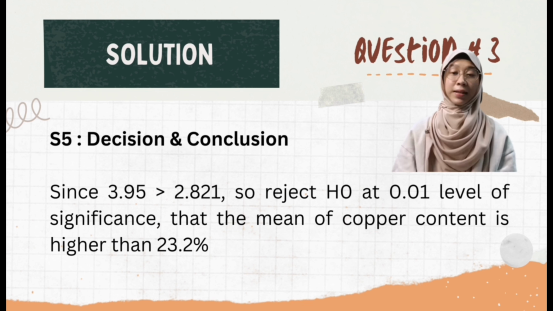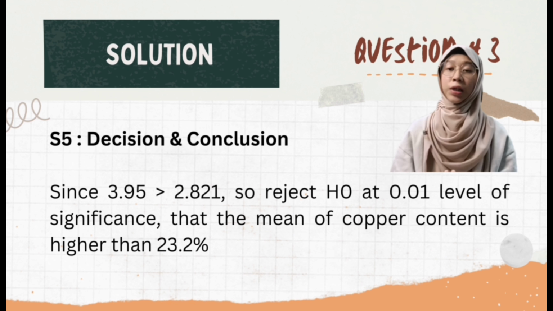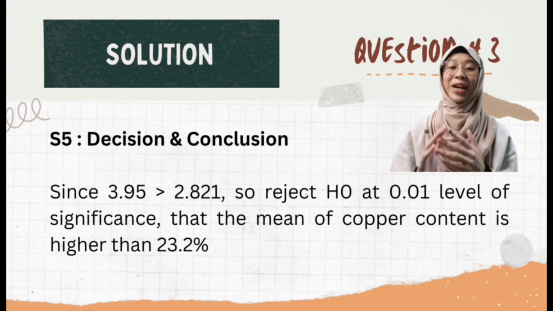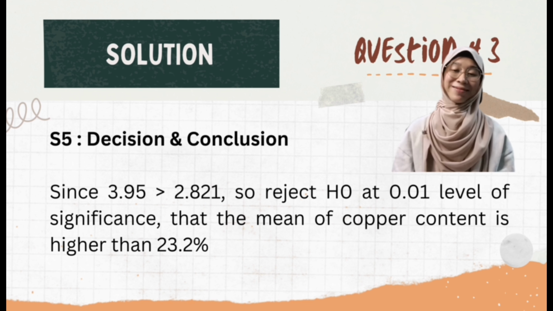Since the test statistic 3.95 is bigger than 2.821, we reject H null at 0.01 level of significance, so the mean of copper content is higher than 23.2%. Okay, that is all from me. Hopefully you can understand this question.